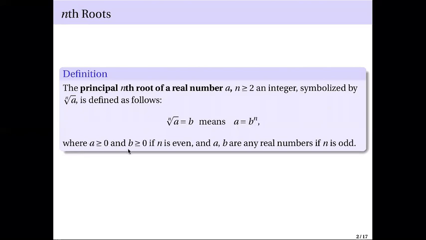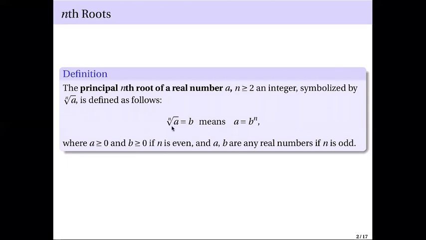Here, a and b are both greater than or equal to 0 if the value of n is even, and a and b can be any real number if the value of n is odd. Okay, so on the left hand side we see the nth root, and later we will know the actual name of this, but I'll introduce it.